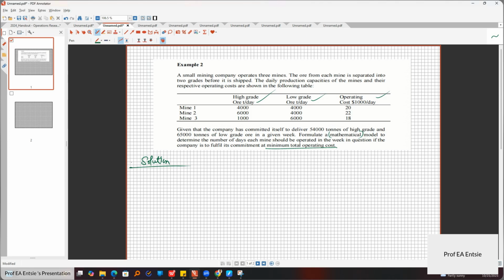So we identify our decision variables, and the decision variable is what the question is asking us to find: the number of days. So you say, let xi be the number.